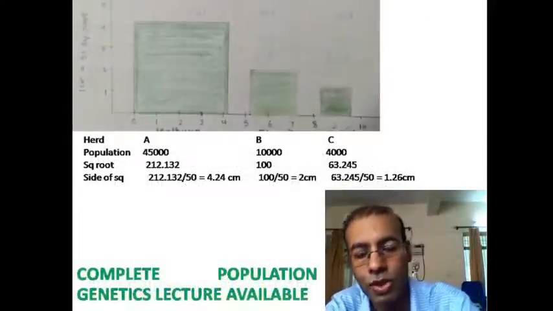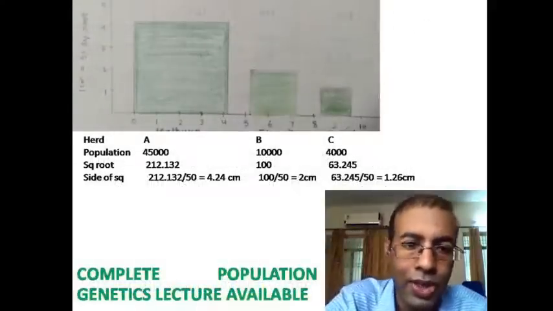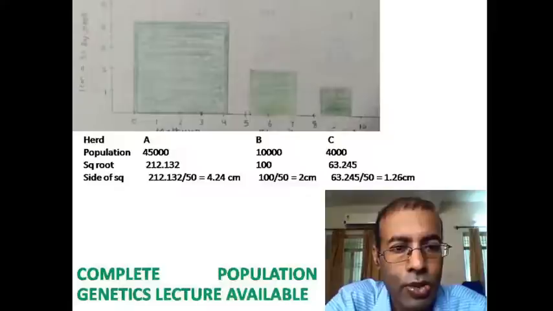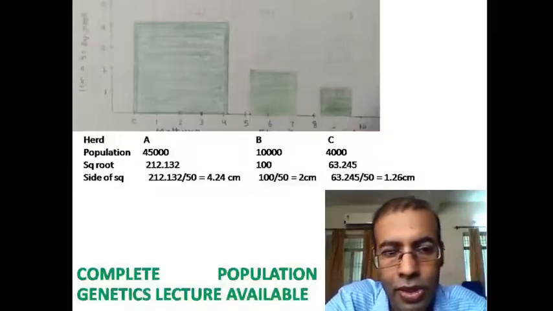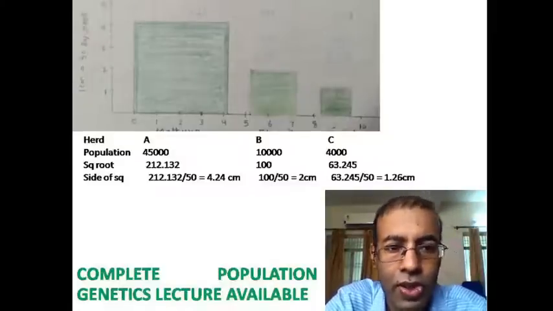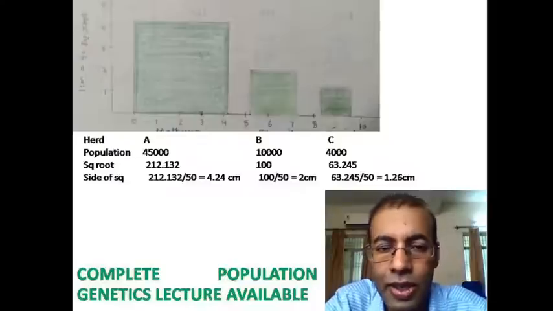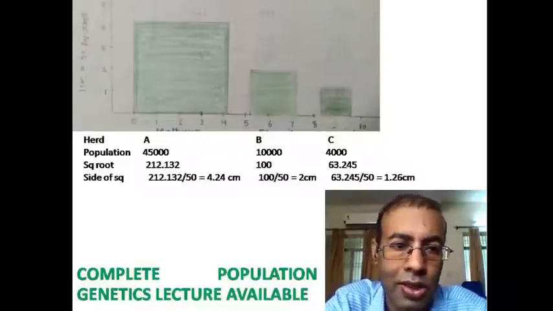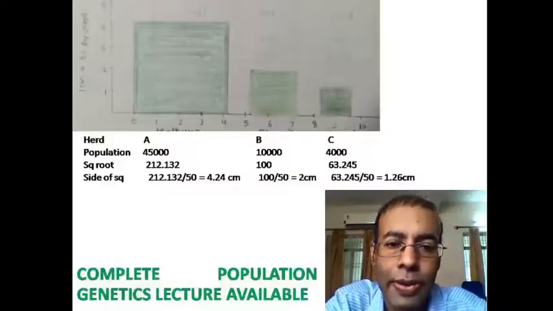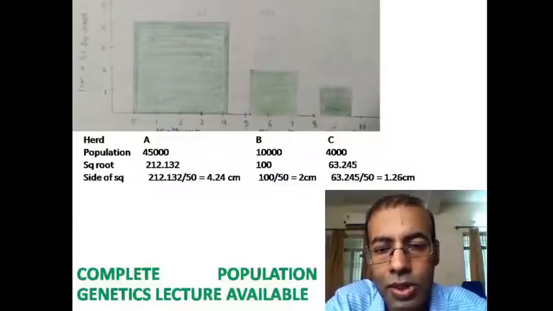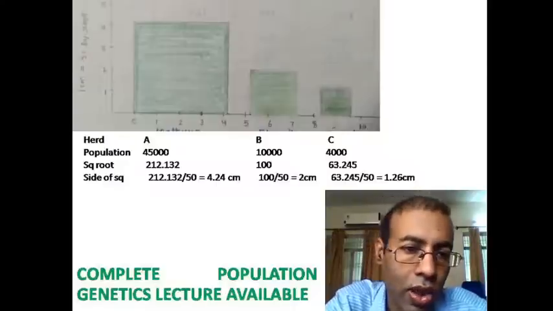So this is one of the questions. We will try to solve this question. Actually, there are three herds. Suppose the first herd is named A, the second is B, and the third is C. The population of cattle in herd A is 45,000, in B is 10,000, and in C is 4,000.